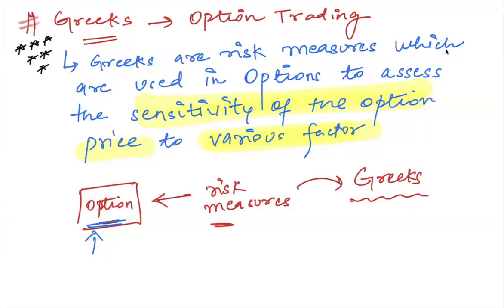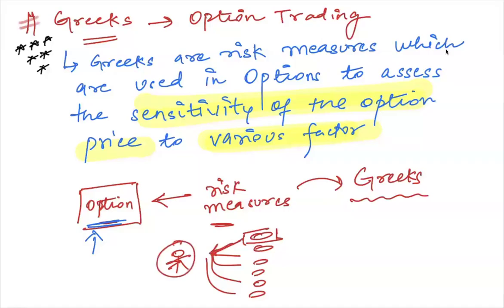So if you see this person A, person A is sensitive to certain factors. What we're trying to understand is how much each factor affects this, and so on. Similarly, in the world of options or derivatives, let's understand which factors affect options.